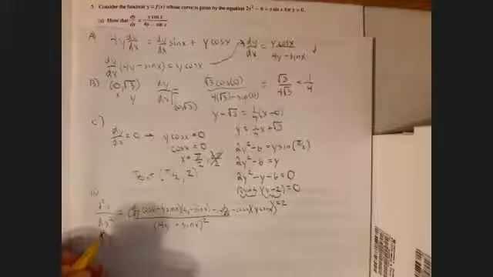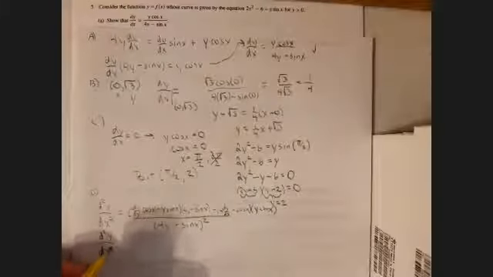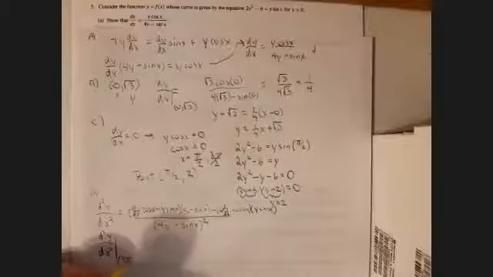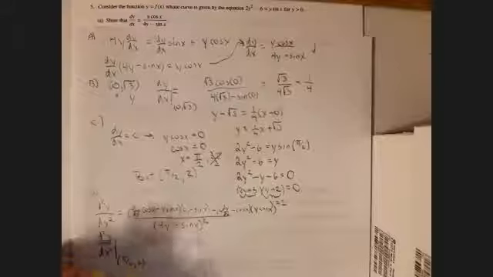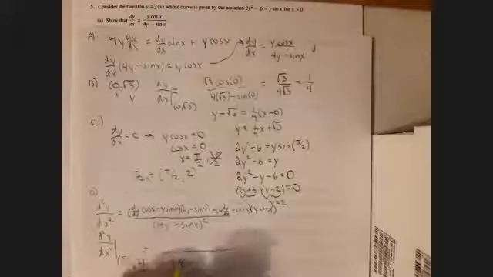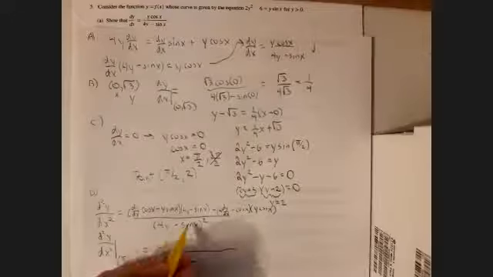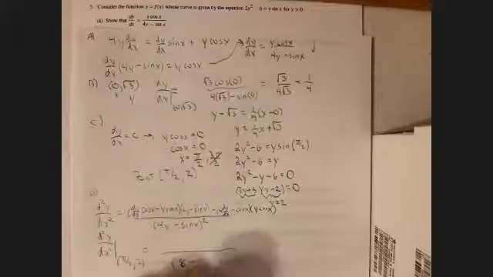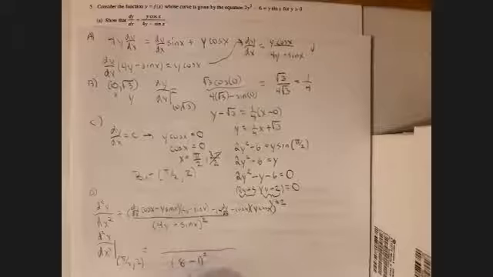Now, the second derivative evaluated at the point pi over 2 comma 2. Some nice things happen here. In the denominator, you would have 4 times 2 is 8. Sine of pi over 2 is 1. So 8 minus 1 is 7, squared, and you're going to end up with 49 down there.